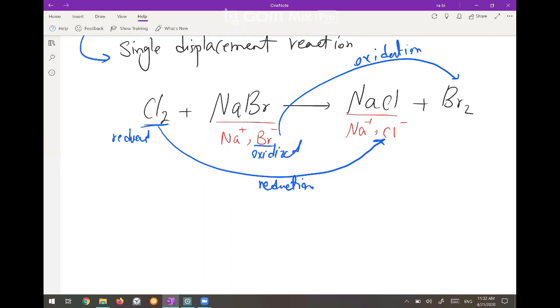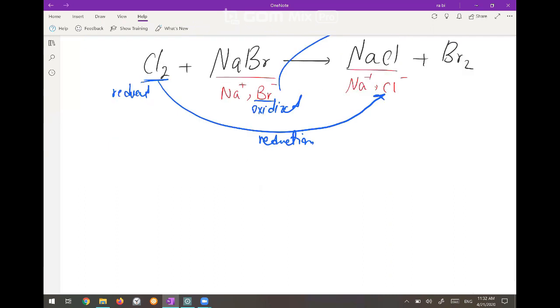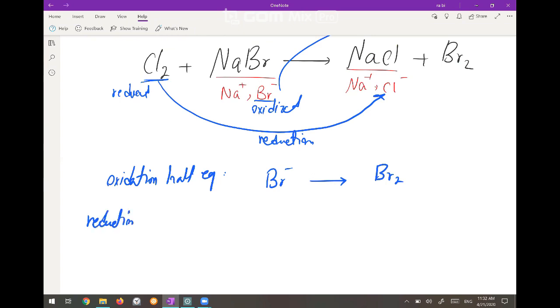Now I write these two half equations. Let's write first the oxidation half equation. In the oxidation half equation, Br minus is converted to Br2. And in the reduction half equation, Cl2 is converted to Cl minus.